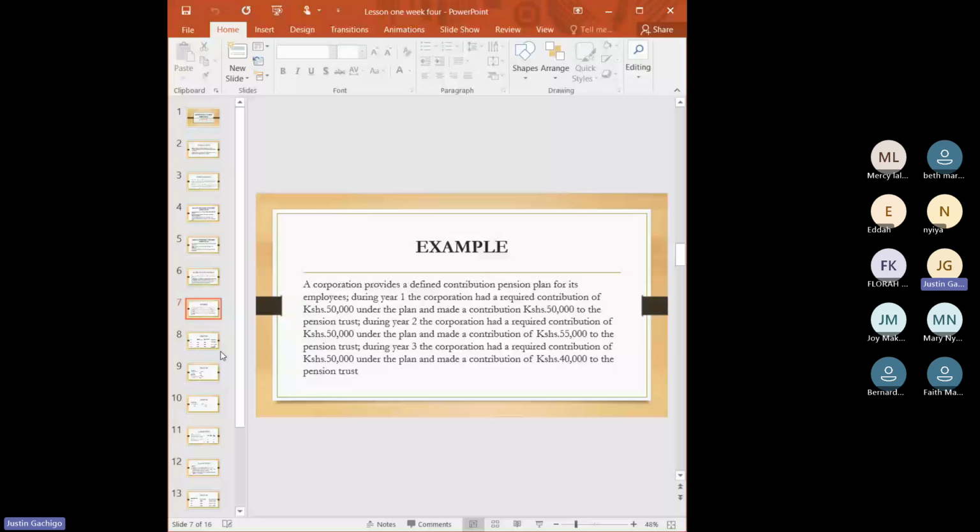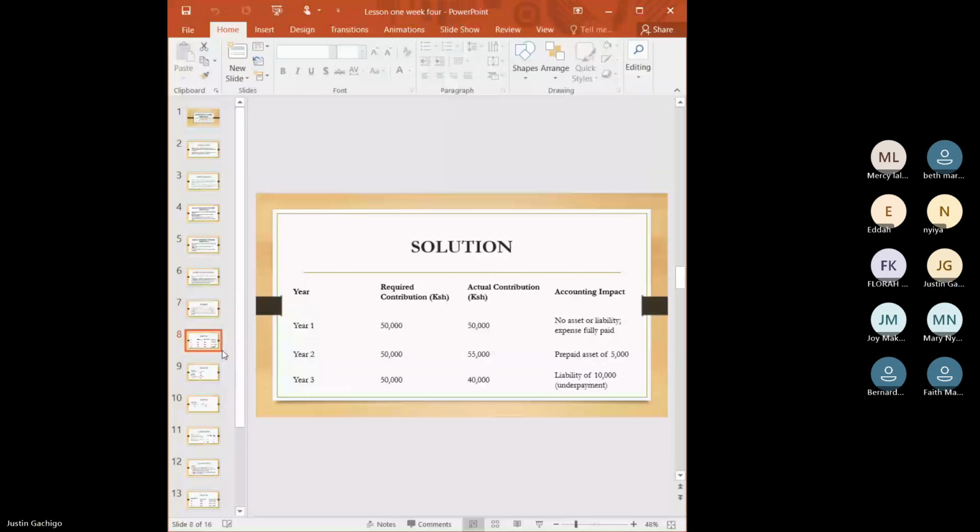So this is the analysis. Year one, required contribution is 50,000, they made 50,000, so accounting impact, no asset or liability. So in year one, we have fully paid everything. Year two, we overpaid by 5,000. Year three, we underpaid by 10,000 because we are required to contribute 50,000 and we contributed 40,000.